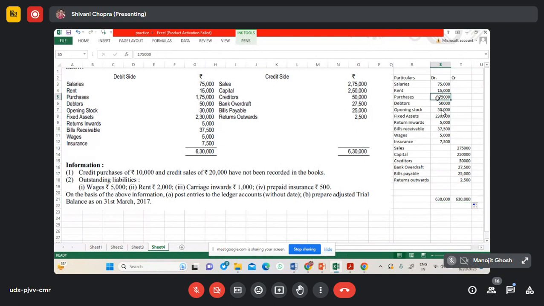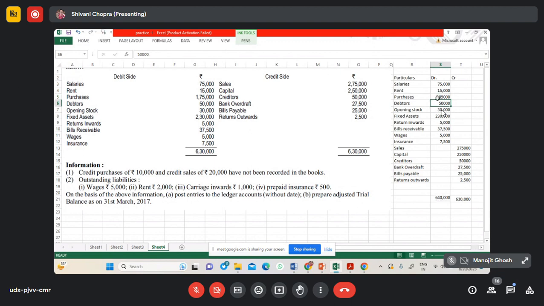You would add it in the purchases because it was not recorded. That is the reason, so we will record it now. We'll add 10,000 to whatever is existing. So it was 1,75,000.